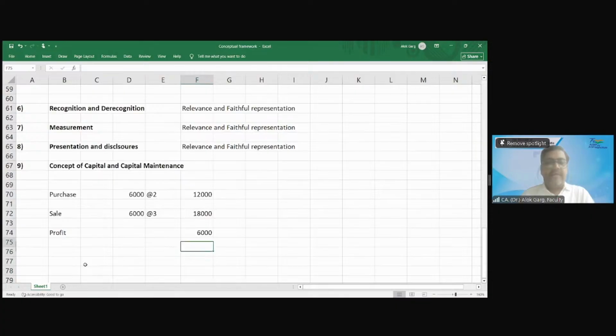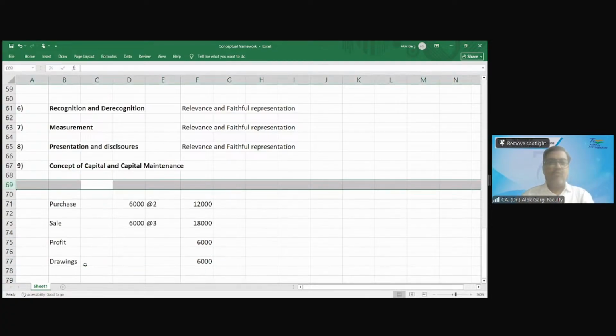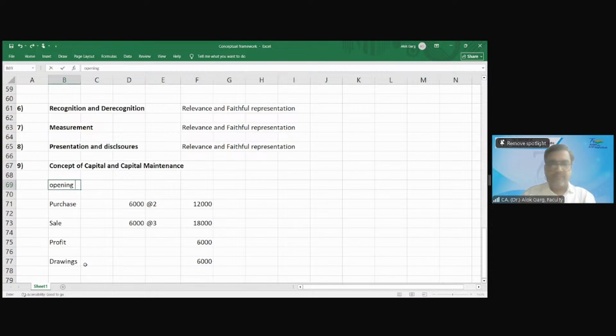Right. And what is the drawing? It's also 6,000. 6,000 is the drawing. So whatever is your profit, the entire profit is withdrawn. Right? So opening capital, what is your opening capital?